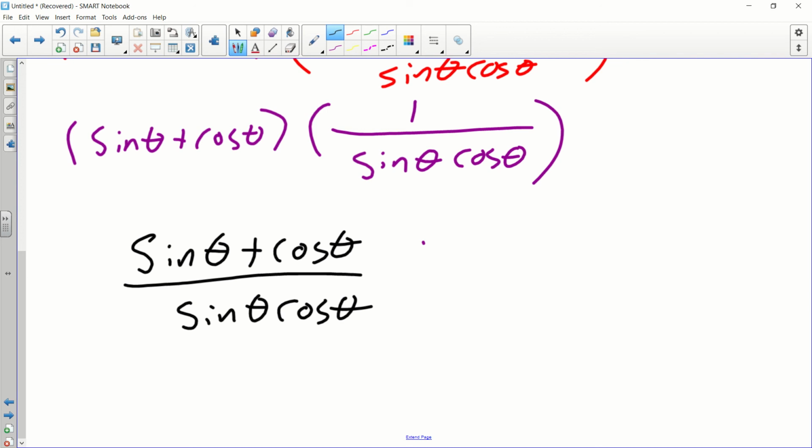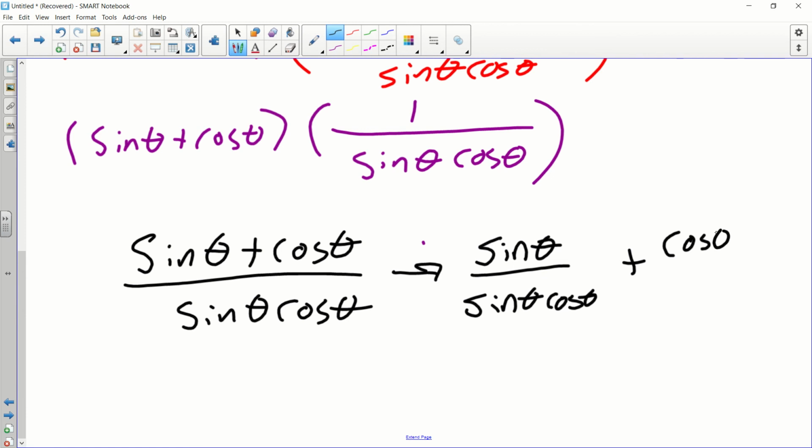So I'm going to go back to what I did earlier in problem 2 and break out this fraction into two separate fractions. Now I can cross out.